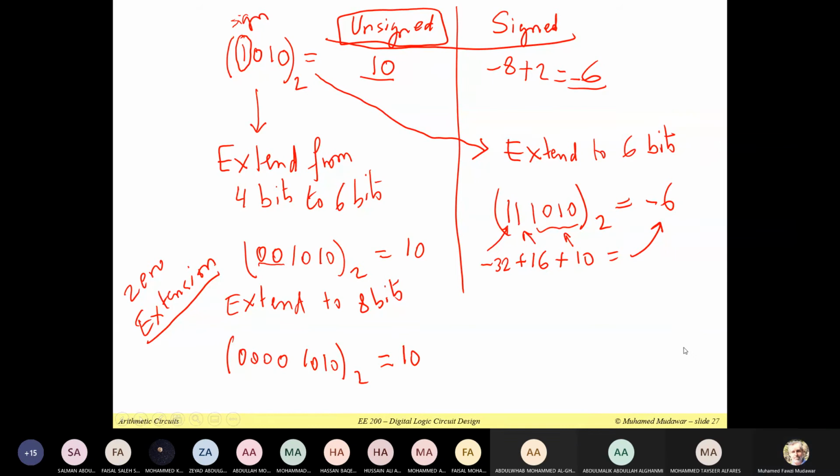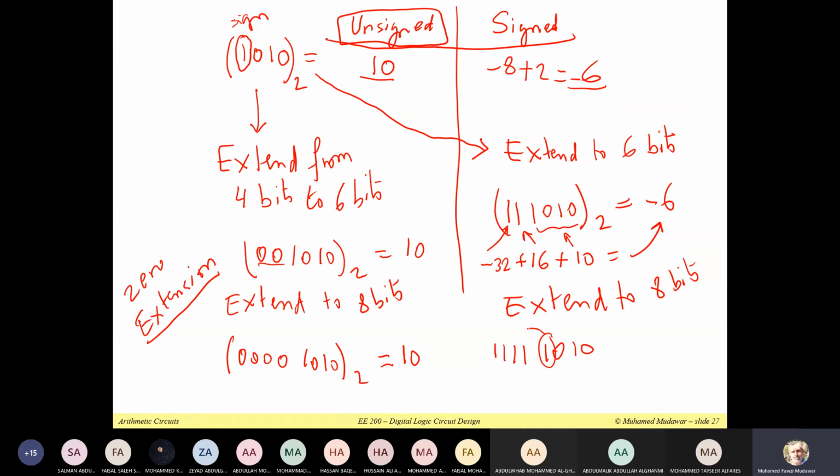Right. So do you have any question about this? Students, do you have any question about this? Right, if I would like to extend to 8 bits, how do I write it? Add 2 more ones to the left. So it will be 1, 1, 1, 1, 1, 0, 1, 0, right?